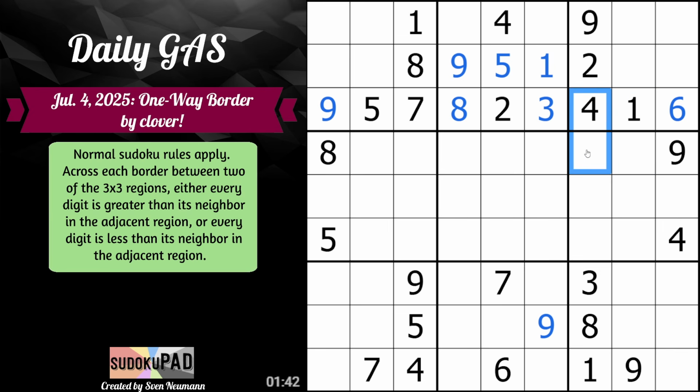Obviously greater than in this direction, which 5, 6, 7 is always going to work there. Oh, but 6, 7 will always be here, greater than the 3. So that means this has to be 2, because it has to be less than 4, and it can't be 1 or 3. So that's something.